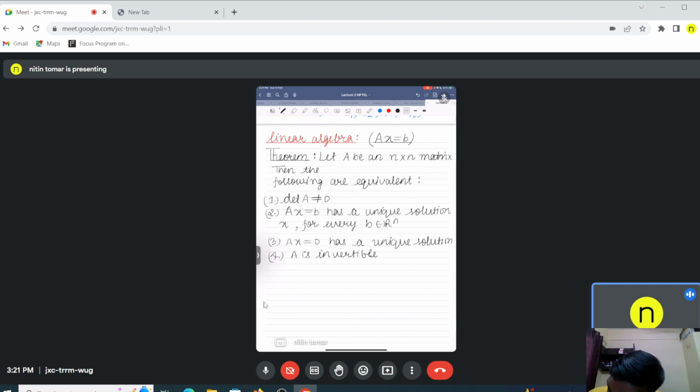That there exists a matrix B. Ultimately they are the same as determinant of A non-zero, but we are saying this: by definition there will be a matrix B such that AB equals BA equals identity. So let us see the proof one by one.